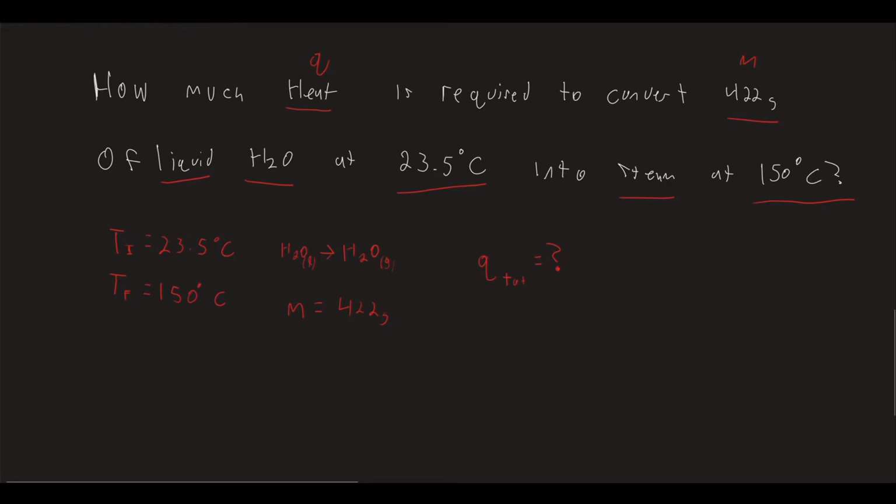So based on the previous information I gave you, we actually have a state change and a temperature change. Therefore, we need to use the equations Q equals MC delta T, and we need the equation Q equals N delta H. And specifically, we need the delta H of vaporization.